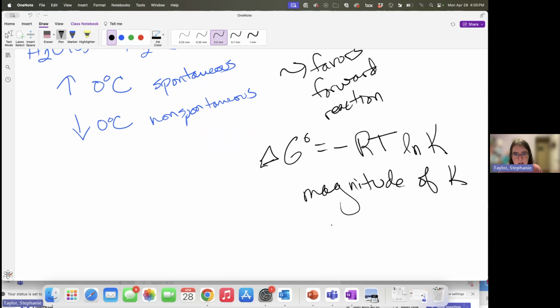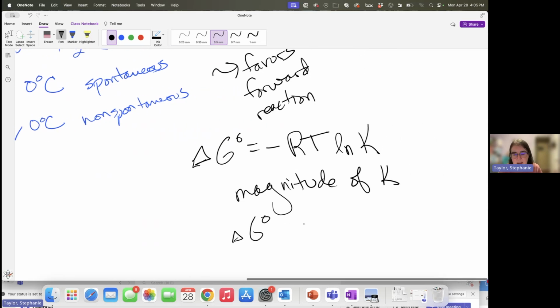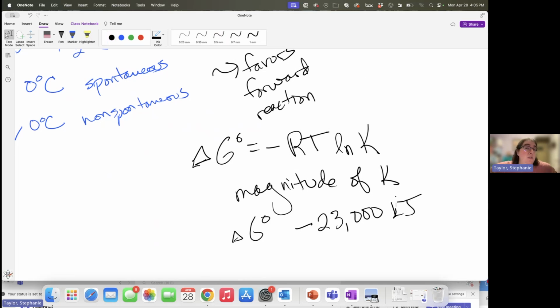Essentially, if delta G standard is something like negative 23,000 kilojoules, that is very spontaneous at standard conditions.